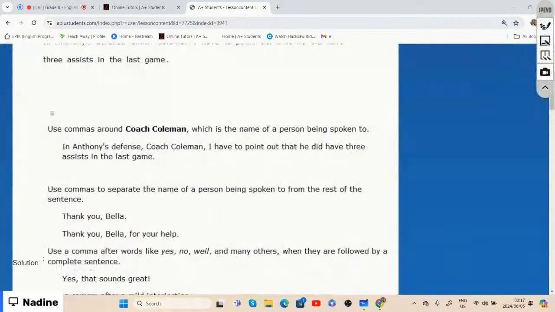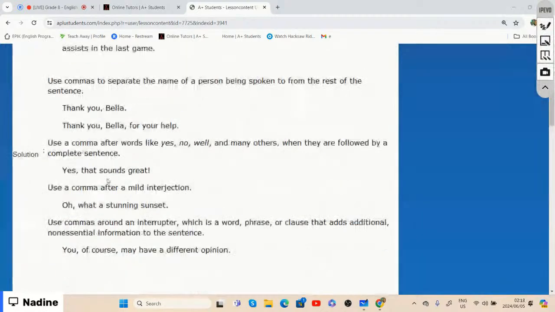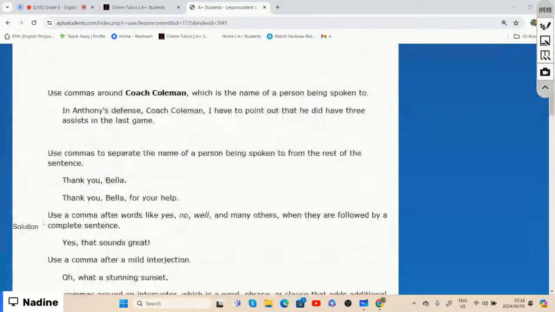And even here it says use commas around Coach Coleman, which is the name of a person being spoken to. For example, in Anthony's defense, comma, Coach Coleman, comma, I have to point out that he gave three assists in the last game, right? So we use commas to separate the name of a person that is being spoken to from the rest of the sentence.